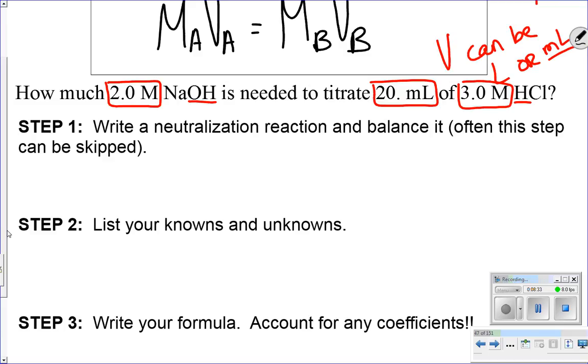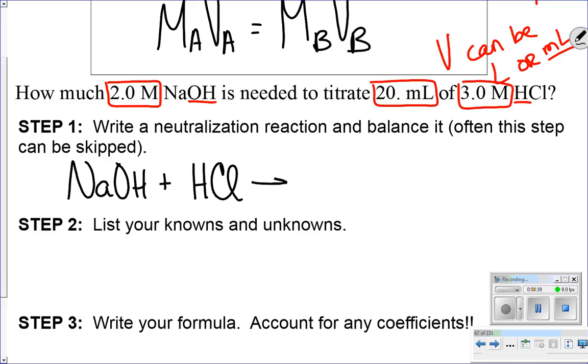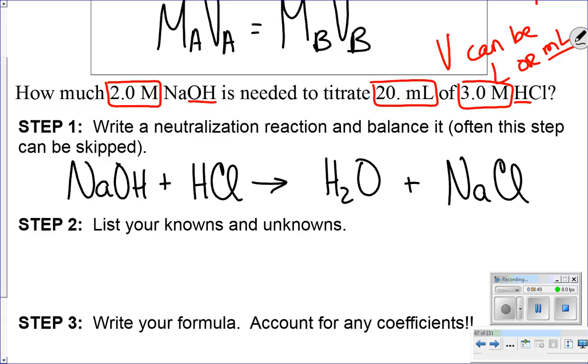But what we're actually doing is we're taking NaOH, we're reacting it with HCl. Our H and our OH are forming water, and we have leftover NaCl. And this balances out. We got 1 sodium on each side, 1 oxygen on each side, 2 hydrogens, and a chlorine on each side. So we don't have to do anything else with this reaction.